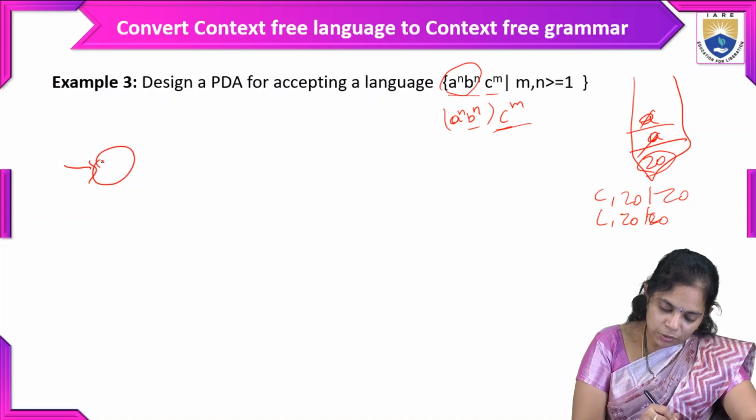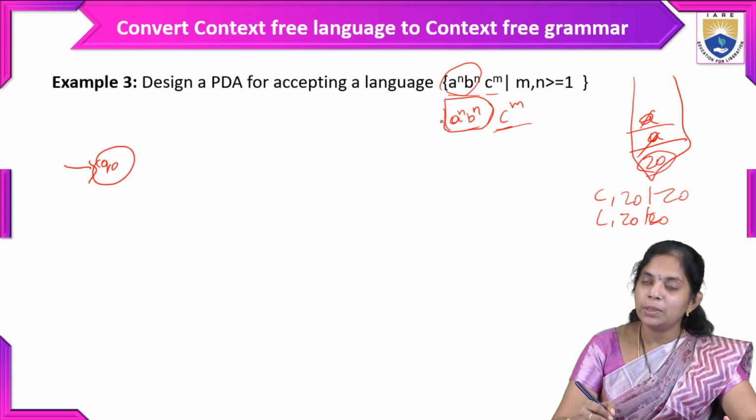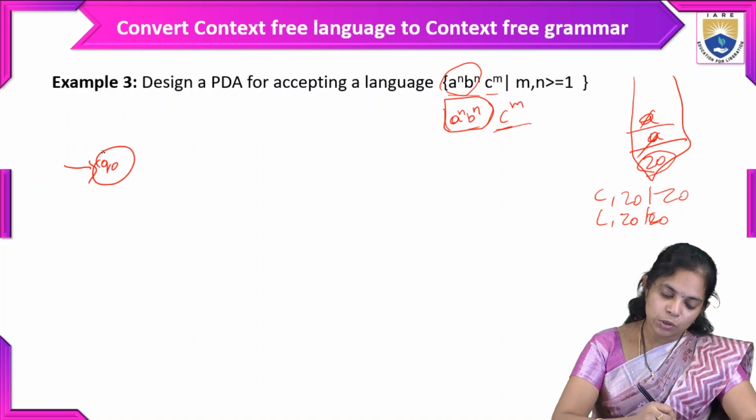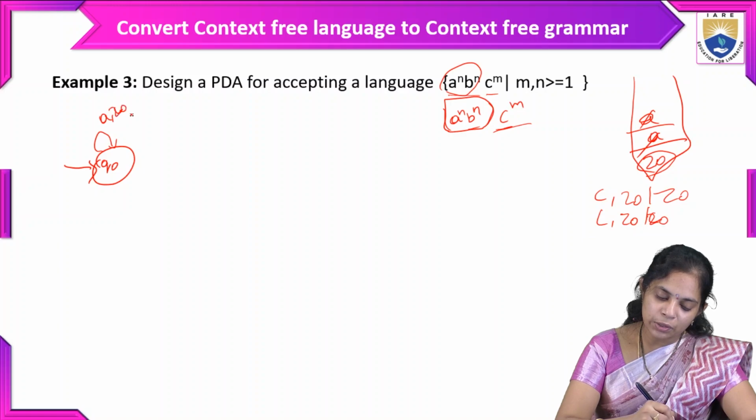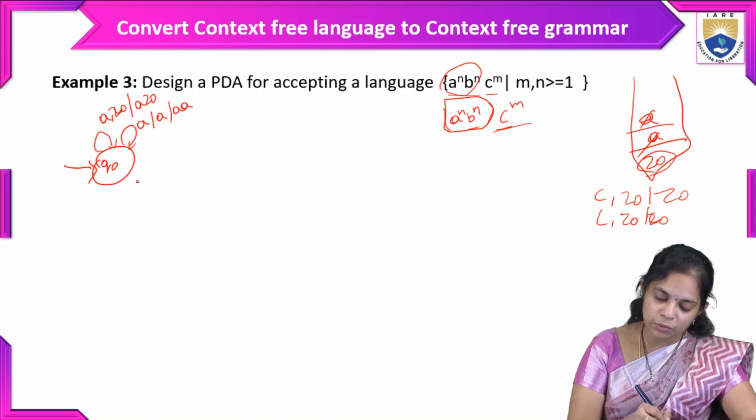So here, for these conditions, how to design it. Initially we need to start with Q0, and what is the logic behind this? A power n and B power n. How many A's are there? We need to push the values into the stack, that is A. This is for multiple A's. And this one is for B input.